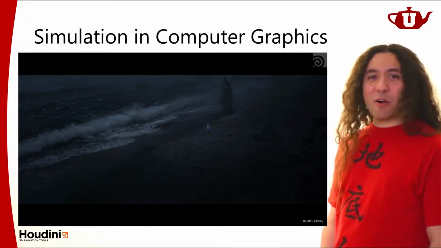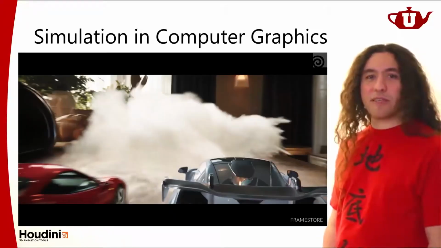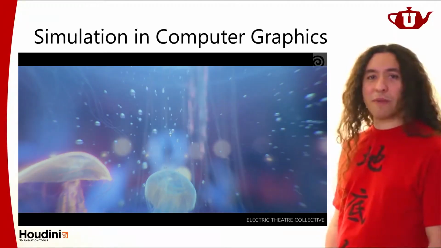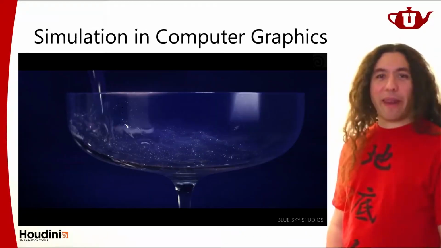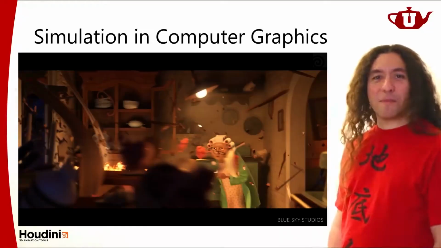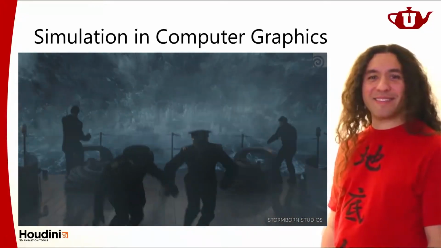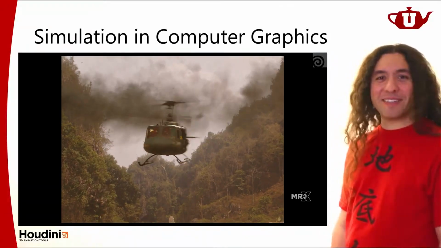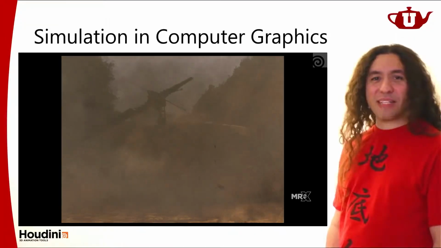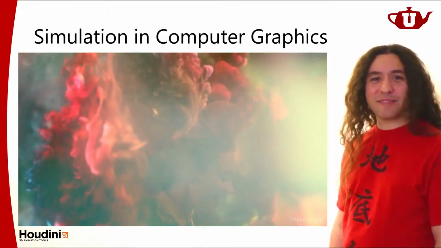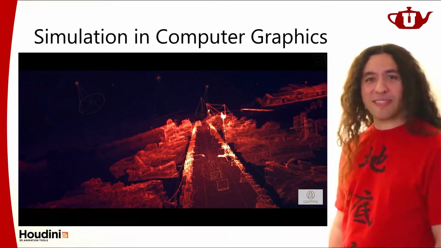You can see all sorts of different simulation elements here, different types of smoke and particles moving around, lots and lots of explosions, some fluid dynamics. Fire and smoke and dust, all sorts of particle-based simulations.